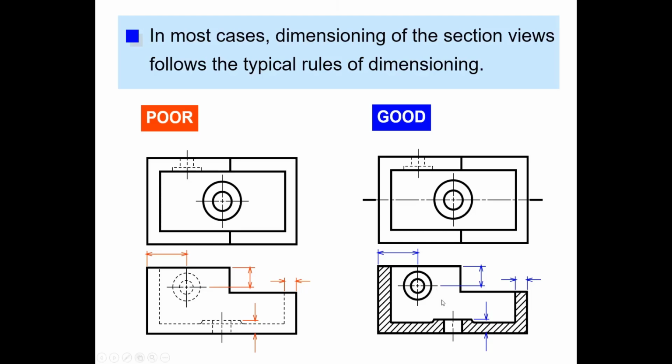Sectioning will facilitate dimensioning. It is clear to understand when we dimension on this section view, because we don't have any hidden lines. Okay, that is good.